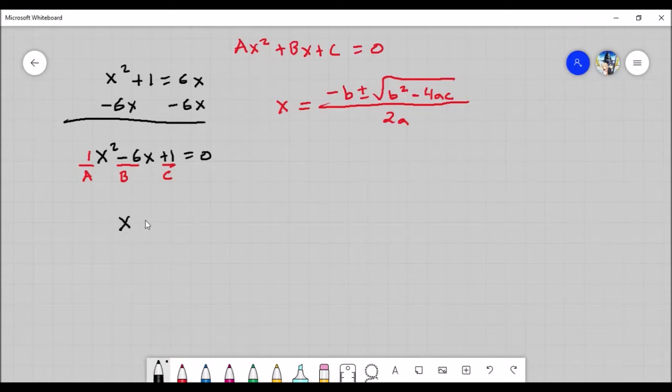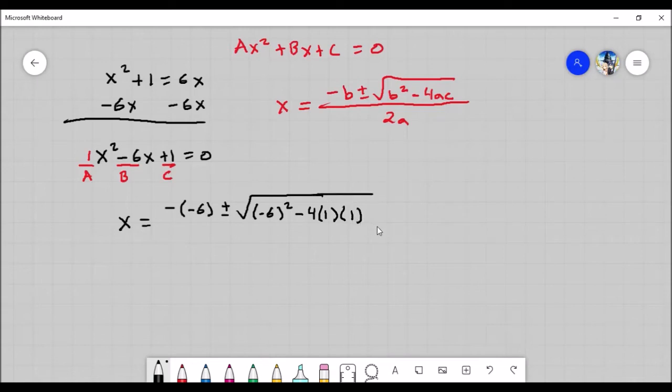So x equals negative, the negative that's in the formula is already there, so we need to put that negative and then input the negative 6 for the b, plus or minus the square root of the b squared. So again, plug in what b is, squared, minus the 4 multiplied by the a and the c, so the 1 and the 1.